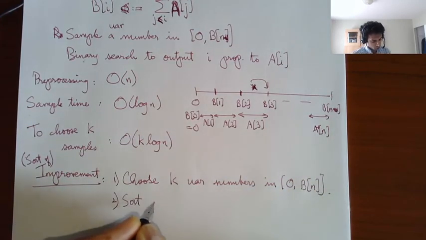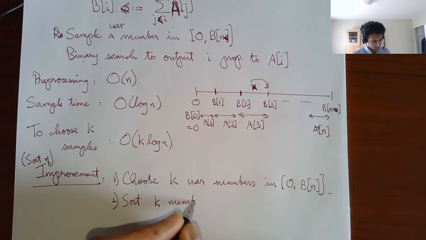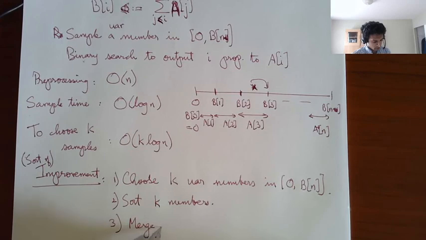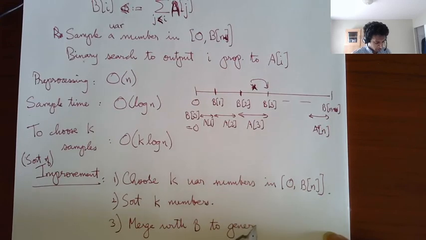Sort the k numbers, and then merge with b to generate the samples.